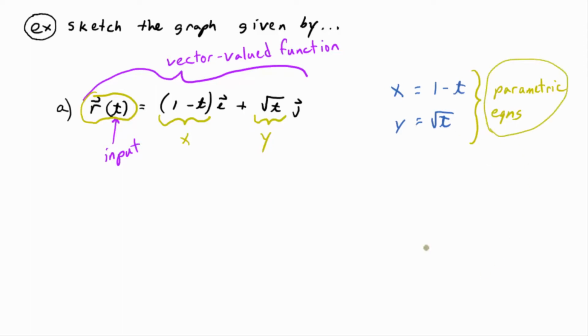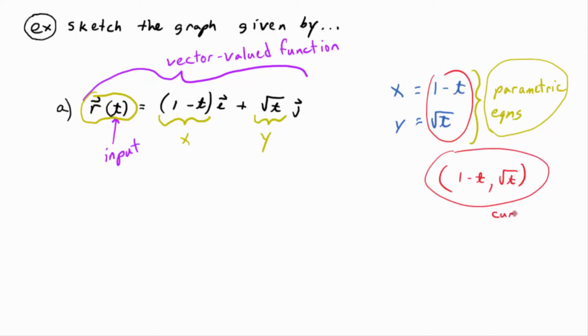So if you think back to Calculus 2, to graph something like this, maybe you just made a table, right? T, a column for t values, a column for x, and a column for y values. And again, in case I haven't made it clear, if you just take all the ordered pairs with first coordinate 1 minus t, x, second coordinate square root of t, y, all of these ordered pairs define your curve.